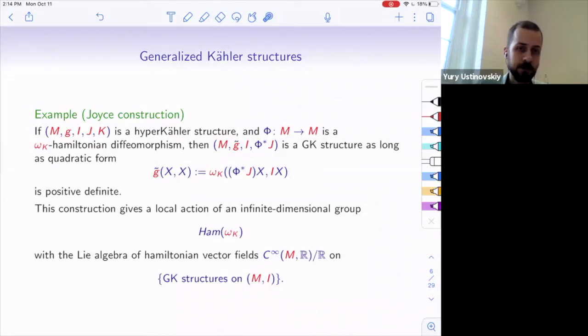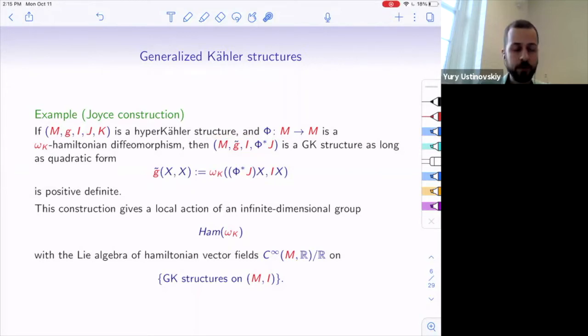As long as this quadratic form is positive definite and defines a genuine Riemannian metric, the corresponding tuple M, G tilde, I, and the pullback of your complex structure J is also a generalized Kähler structure. And why it is interesting compared to what we have seen: it will be genuinely non-Kähler, in the sense that if you forget, for example, the second complex structure, this triple is non-Kähler in general.